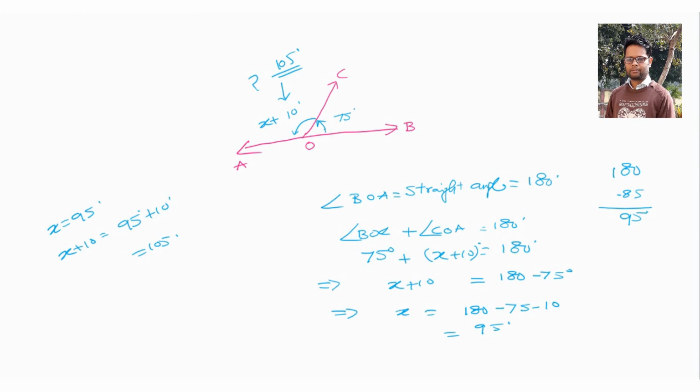Now the next very important math. I have a picture here. This angle is unknown. This is x. This one is 50.